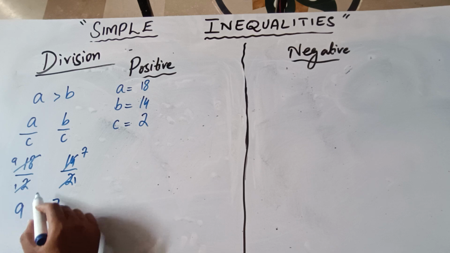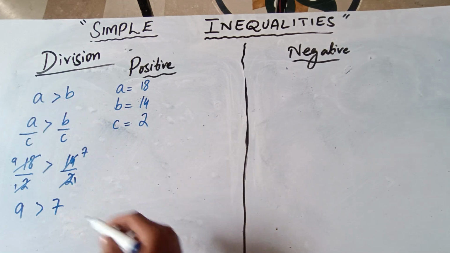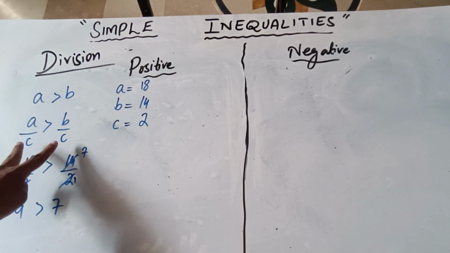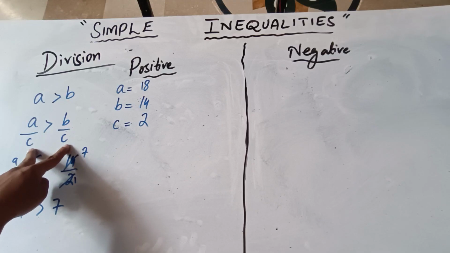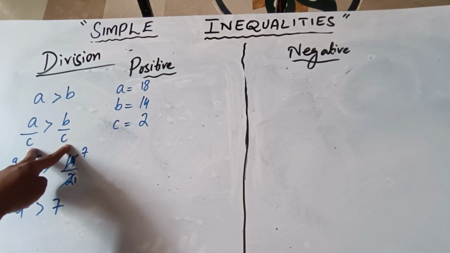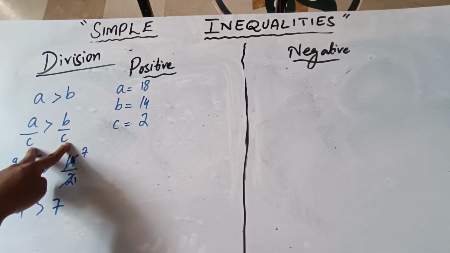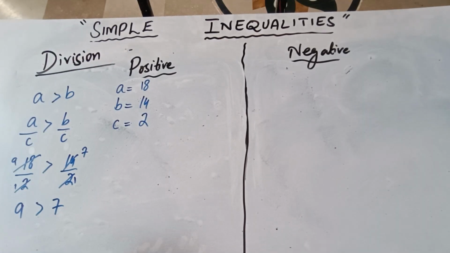So it means that I will put the greater than sign, and we also started with the greater than sign. It means that if we divide both parts of the inequality by a positive number, similarly as it happened with the multiplication case, the same will happen in the division case. If we divide both parts by a positive number, the inequality sign will remain the same.